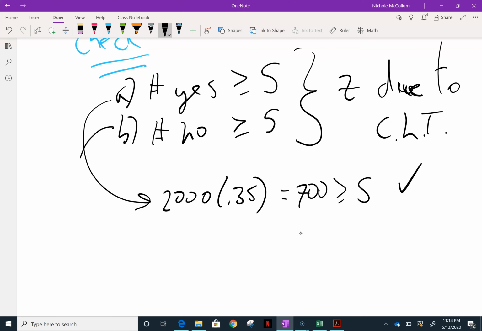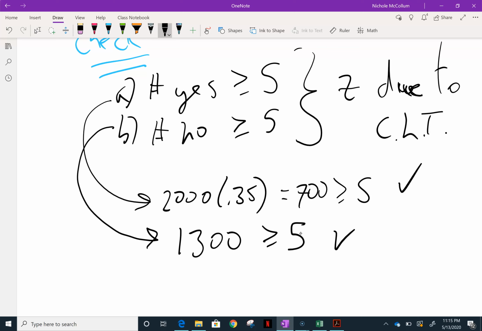If 700 say yes, then obviously 1,300 are going to say no, because 700 and 1,300 make 2,000. And that's clearly greater than 5 also, so check. With a really quick check, I can see that I'm allowed to use the Z distribution.